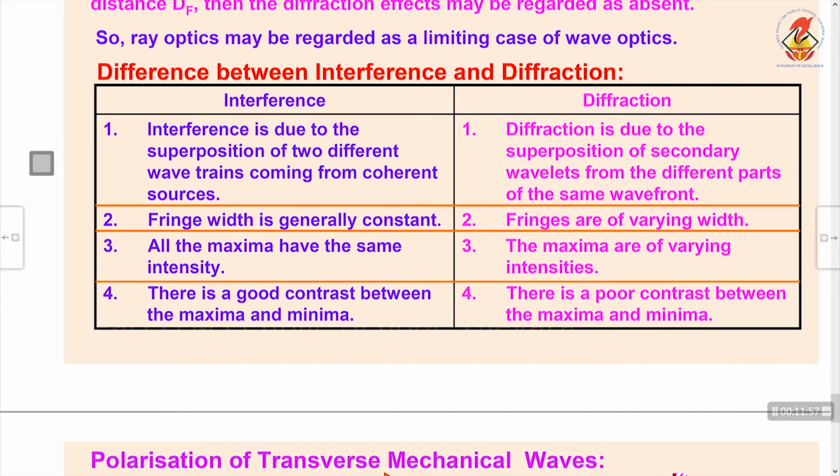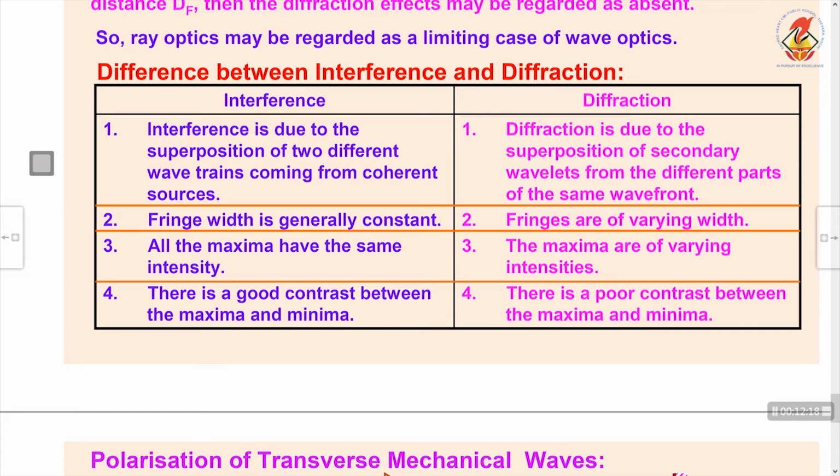Light is coming from a single slit. From the single slit, different secondary wavelets are coming, and diffraction is due to the superposition of those secondary wavelets coming from the same slit. That is the main difference.